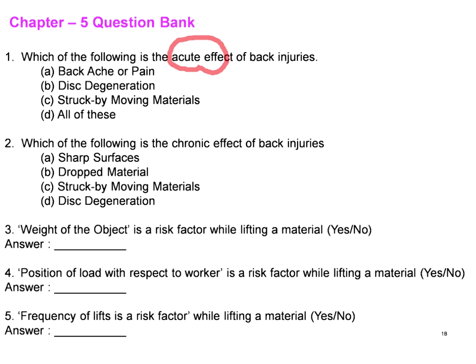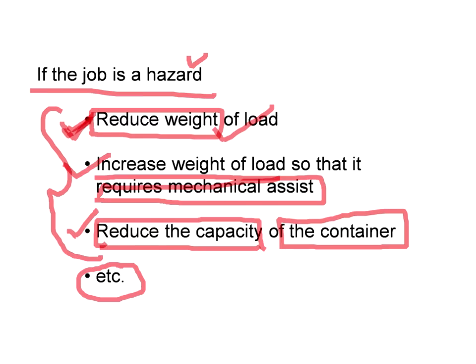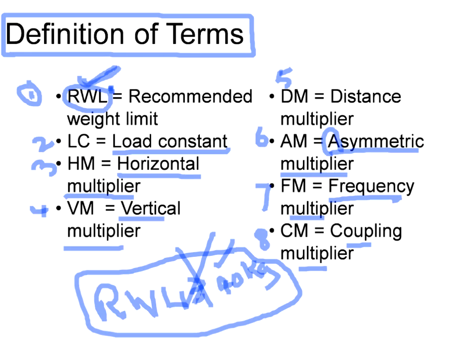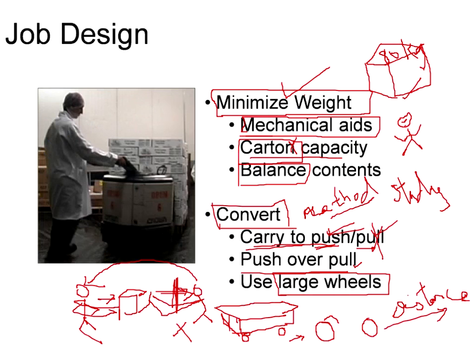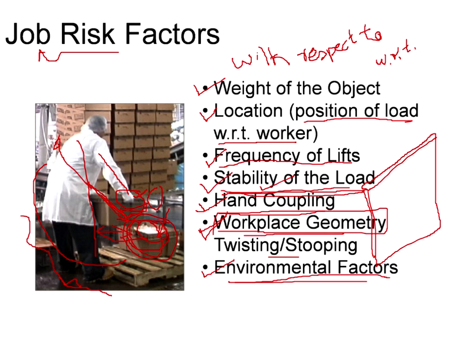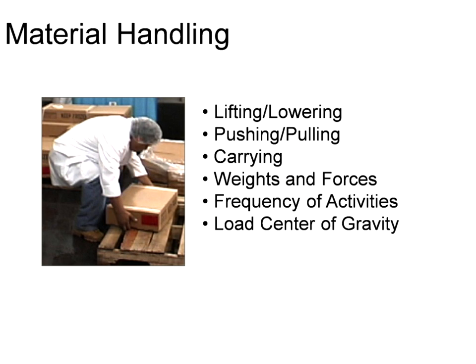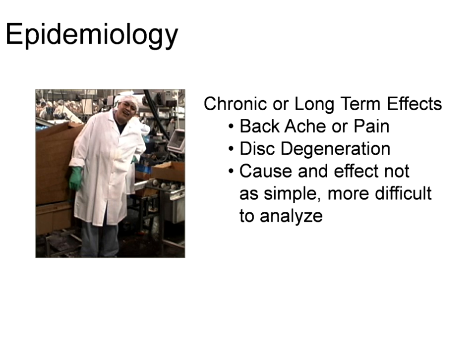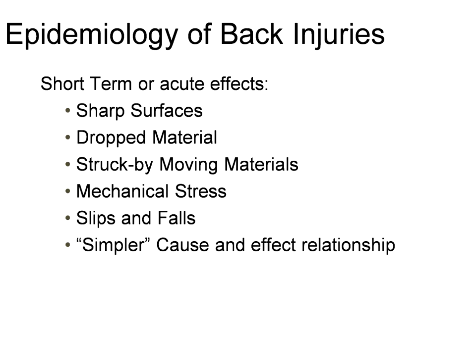Lifting index is nothing but actual load L divided by recommended weight limit RWL. If this value is less than 1, it is good. If this value is greater than 1, it is not good. It will cause damage to the health. Okay. So with this we are concluding chapter number 5.